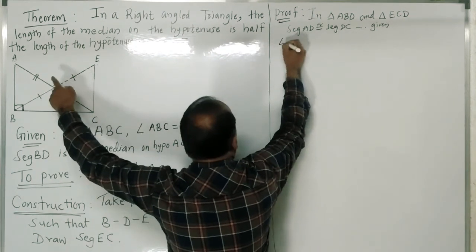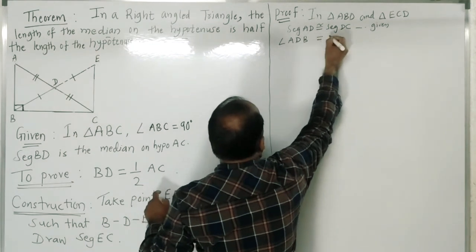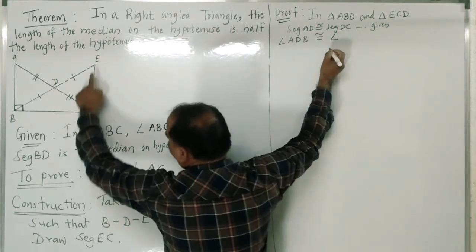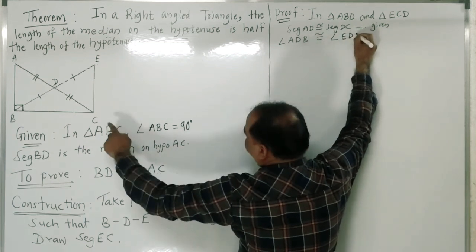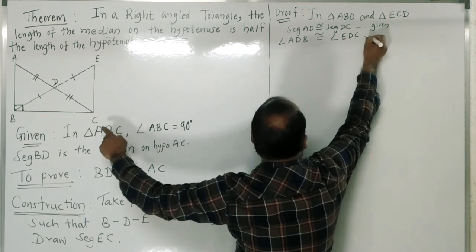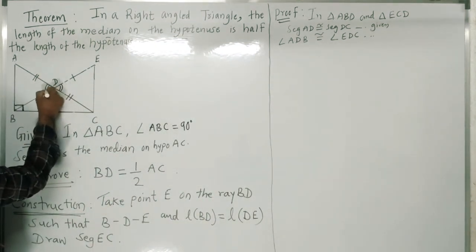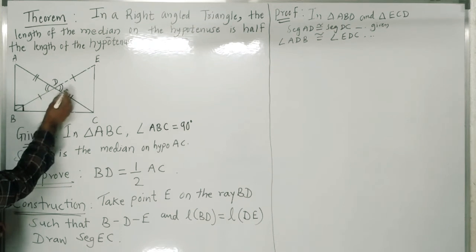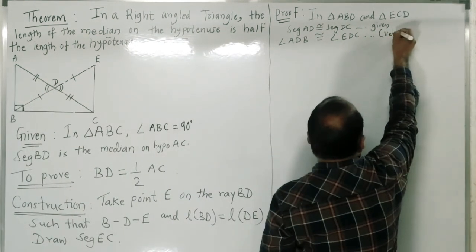Then angle ADB is congruent to angle EDC. This angle is congruent to this angle, as these are vertically opposite angles, and vertically opposite angles are congruent.